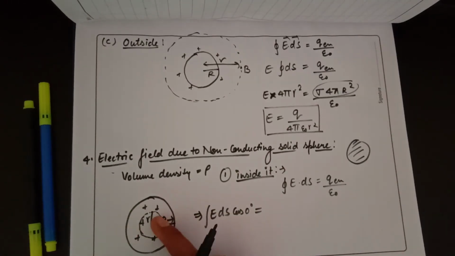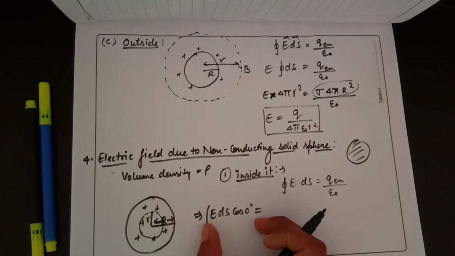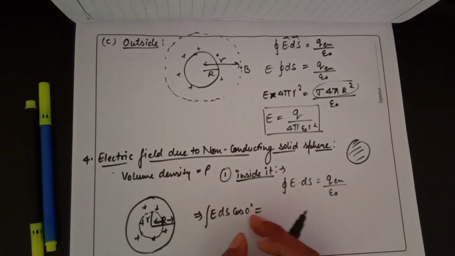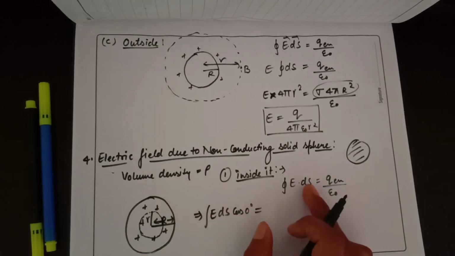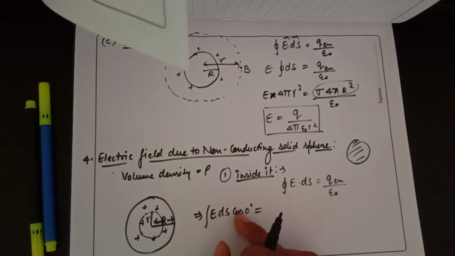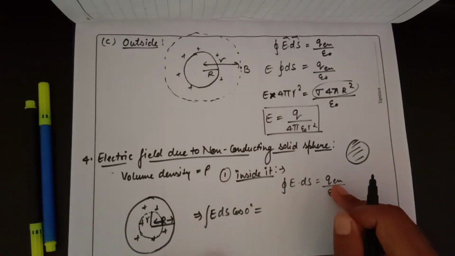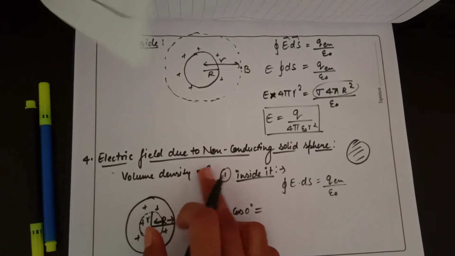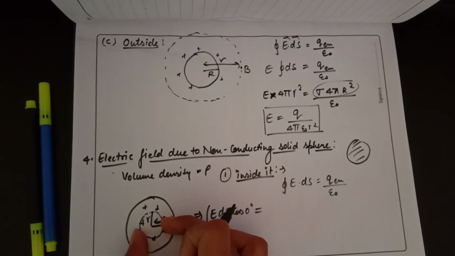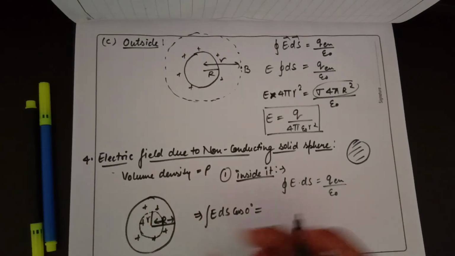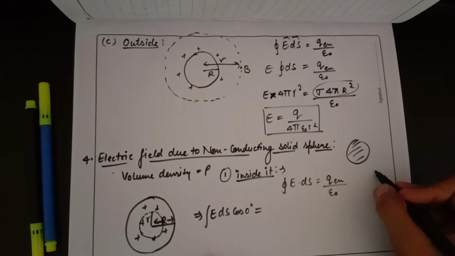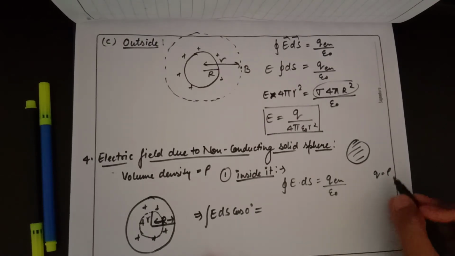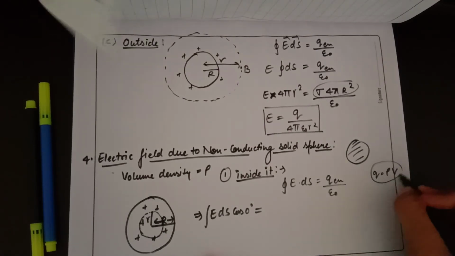So for this small sphere, the angle between electric field and area vector will again be 0 degree. So I am left with this equation: E ds cos 0, and q enclosed. If the volume charge density is denoted by rho, then the total charge enclosed by this small surface of radius r is given by q equals volume charge density times volume of the small sphere.